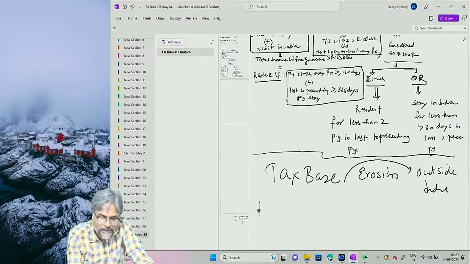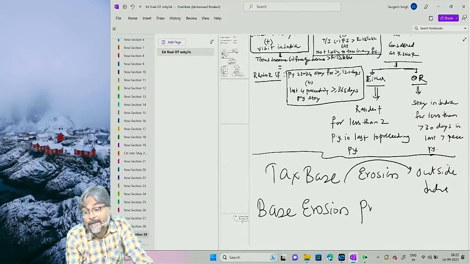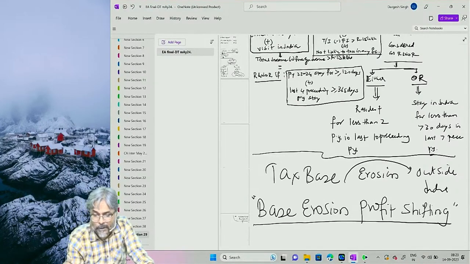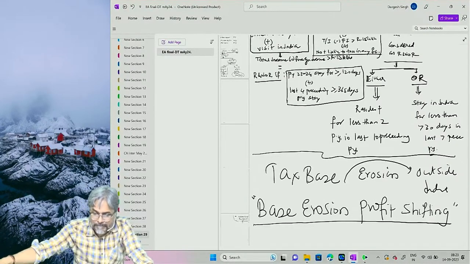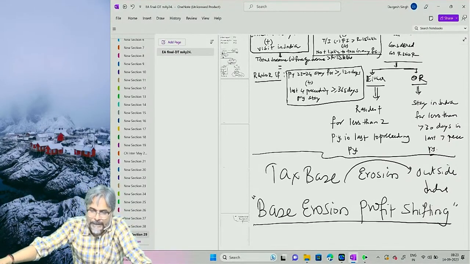Or may I use this phrase: base erosion, profit shifting. Ponder over it throughout the day today, along with your bosses. Base erosion, profit shifting. You all agree to this?